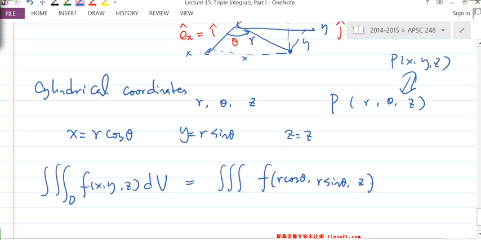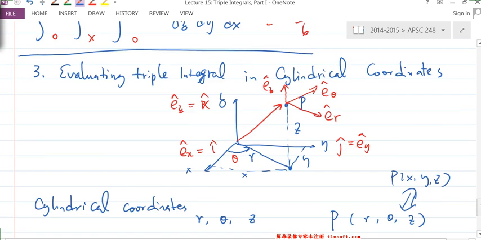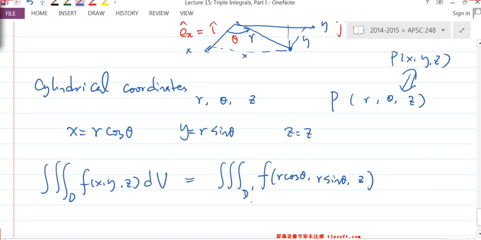Technically, the D we should call D prime. But actually in this particular case, there's no deformation or change of shape in the D because of this change from x, y, z to cylindrical. So if you have a D in x, y, z, it stays as it is, so you can still use D here.